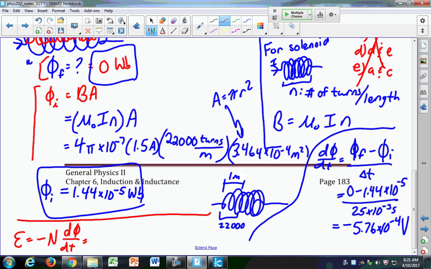And so I multiply the number of turns. Oh, did I have N in your problem? Did I have 130 turns? No. So let's, yeah, that's for a different one. That's for the outer coil.